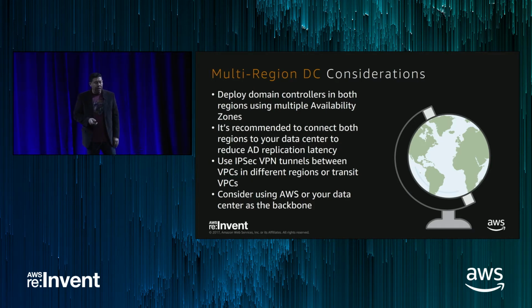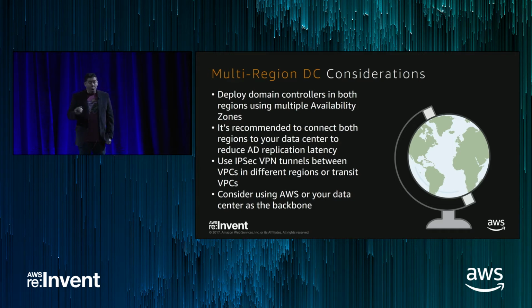So ensuring high availability. It's also recommended, if you have a data center that has a large infrastructure and you want to set up hybrid connectivity, to leverage your data center to reduce the AD replication latency. So similar to the diagram we saw previously, establishing your connections, but using your on-premises data center kind of as the hub there, if you're able to leverage it.